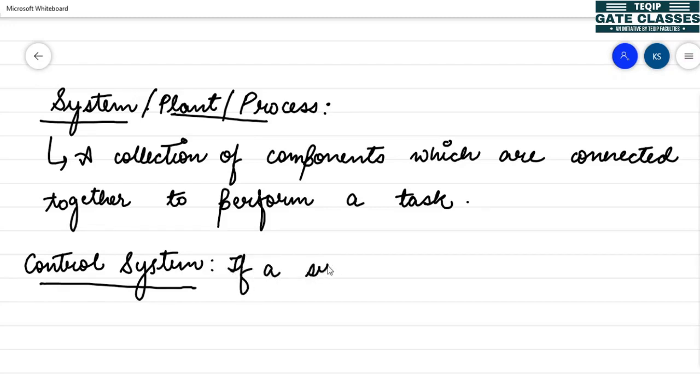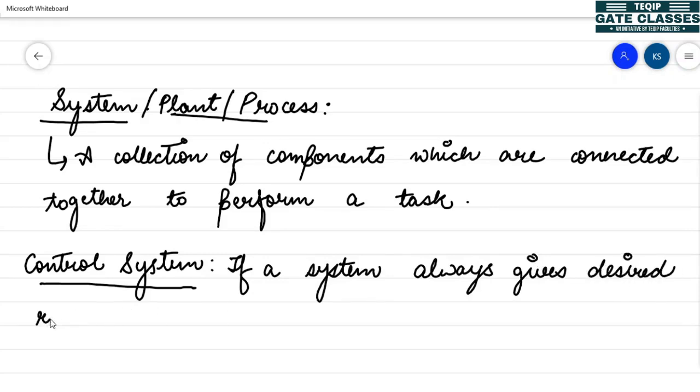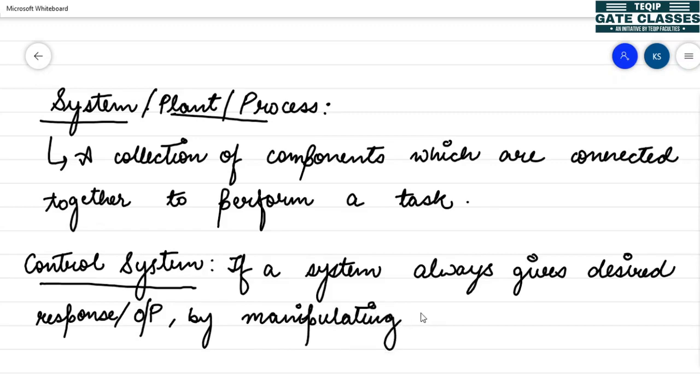So if a system always gives desired response or output by manipulating its input, then we can say it is a control system.